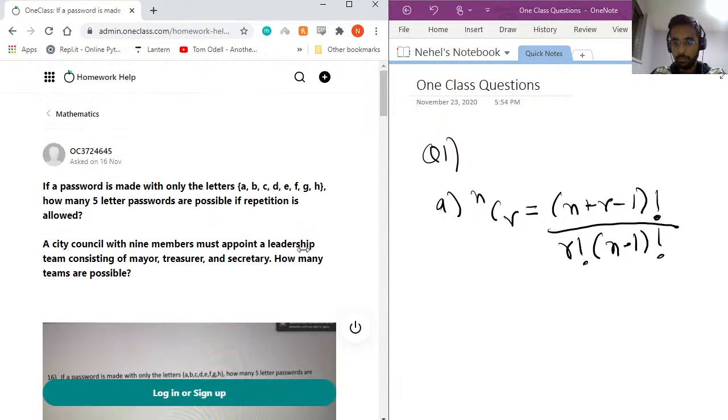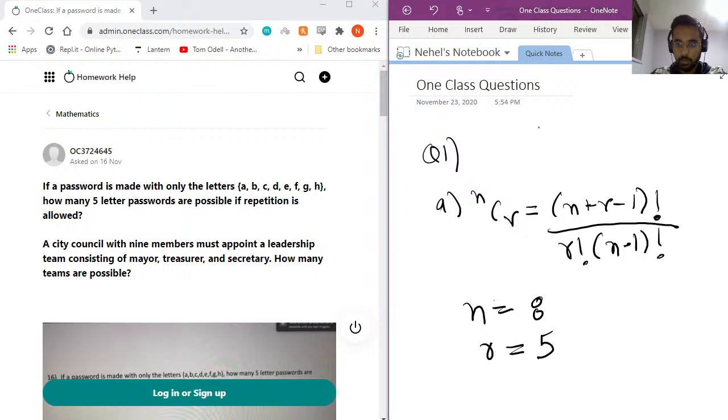Here, n is the total number of choices we have. So we have 8 choices, 8 alphabets. So n is equal to 8, and then r is equal to 5. I selected r equals 5 because those are the number of letters which we are picking for our password.